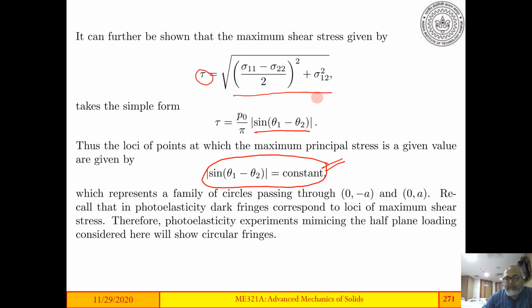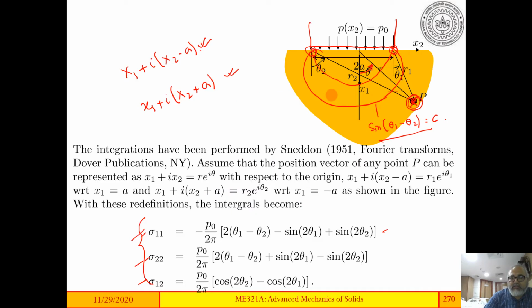So the maximum principal stress is constant over these circles. So the fringes that you see in photoelasticity are going to take the shape of these circles in an actual experiment.